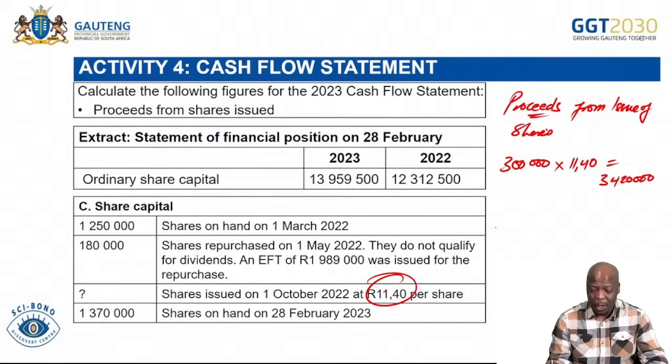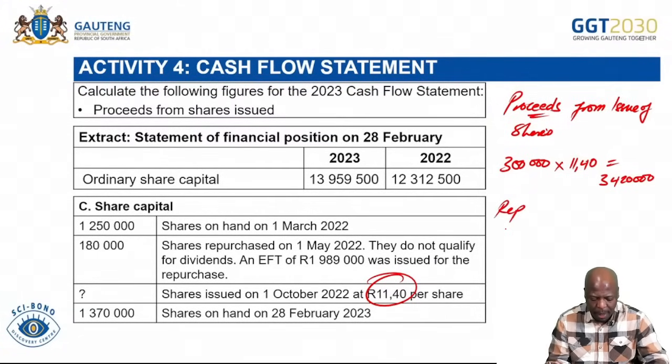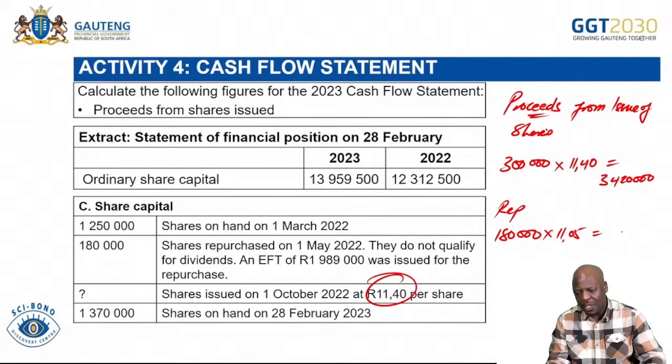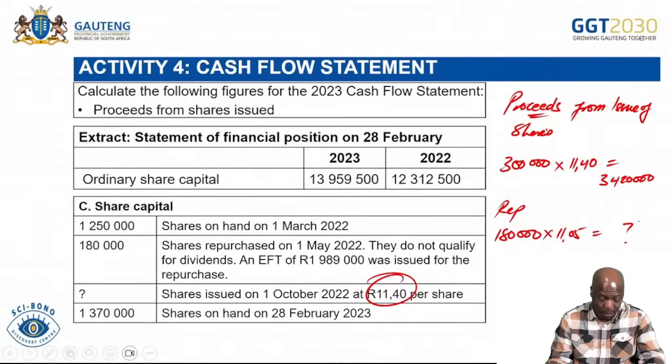But if it was the repurchase of shares, you would say how many shares were repurchased. If you still remember in that activity, we repurchased 180,000 shares, and from the triangle, the amount at the tip was 11 rand 5 cents. And then you simply get your amount over here.